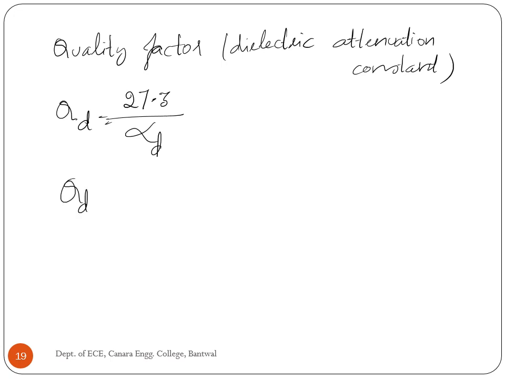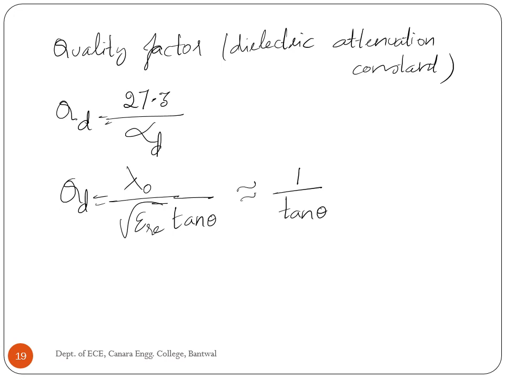Therefore, quality factor related to the dielectric attenuation constant is lambda naught root of effective dielectric constant into tan theta, which is nothing but 1 divided by tan theta. So lambda naught is the free space wavelength in centimeter.